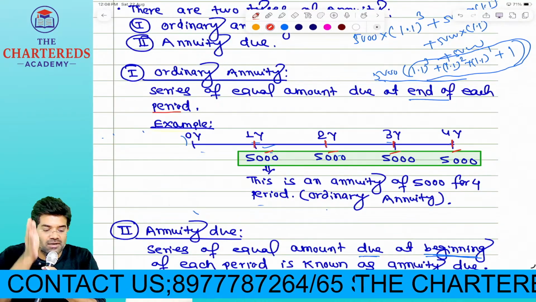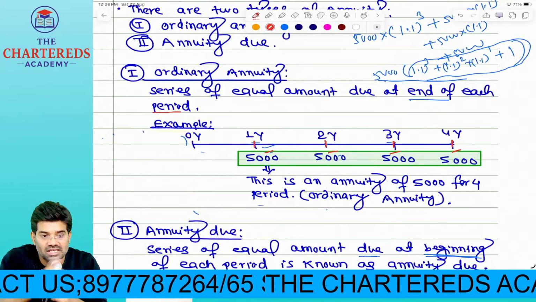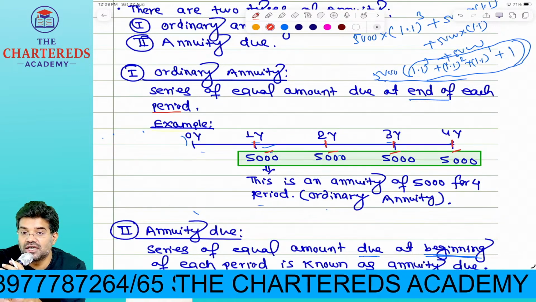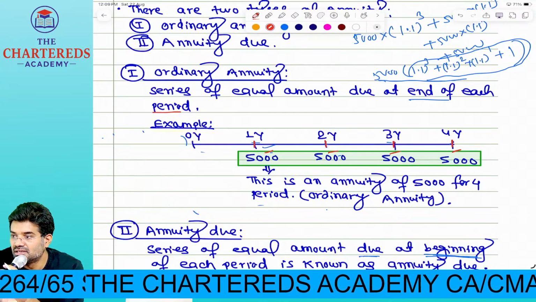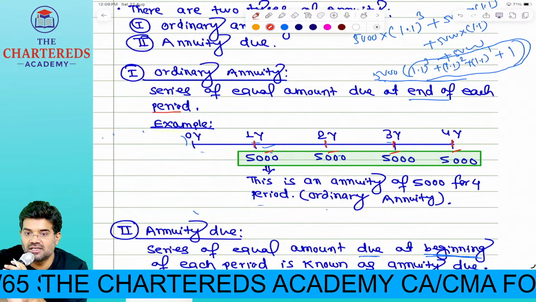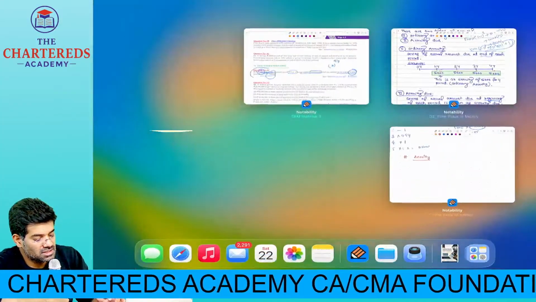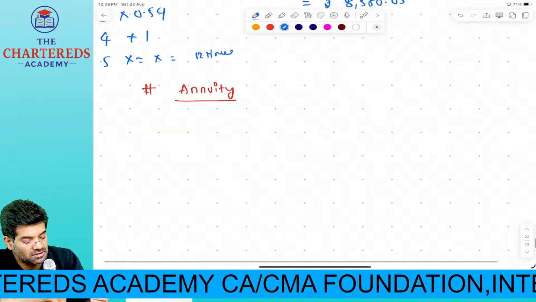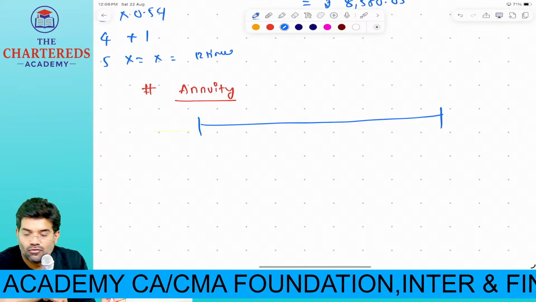Whatever investment we are making, 5,000, 5,000, 5,000, 5,000, after 4 years, what is the future value of all these investments? For that, we should apply the future value interest factor annuity. Now, see here, I'll explain the concept here. Later on, you can write notes. In this case, how many years are we taking? 4 years.